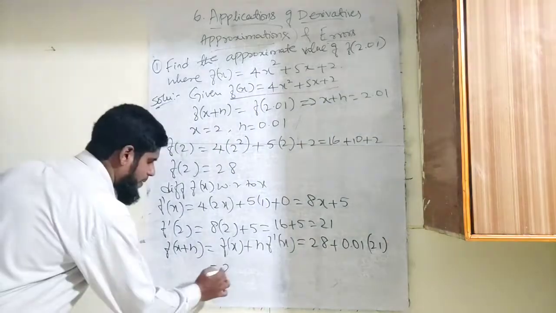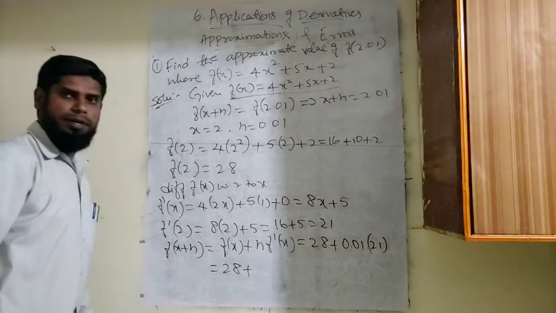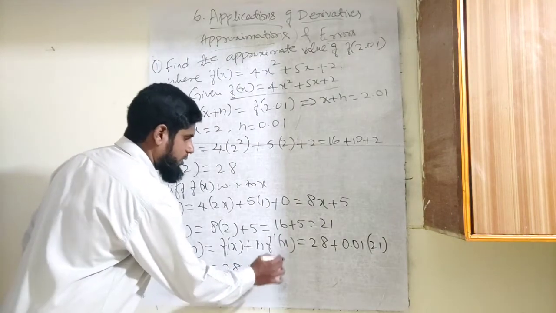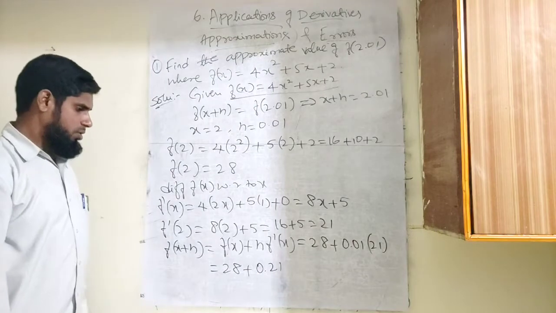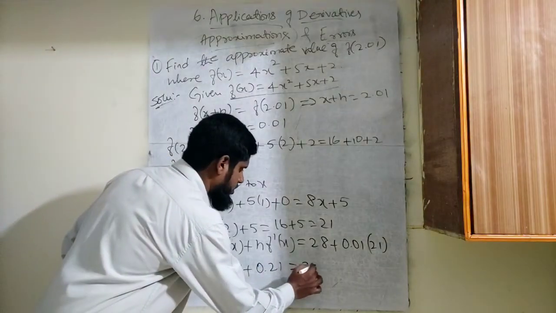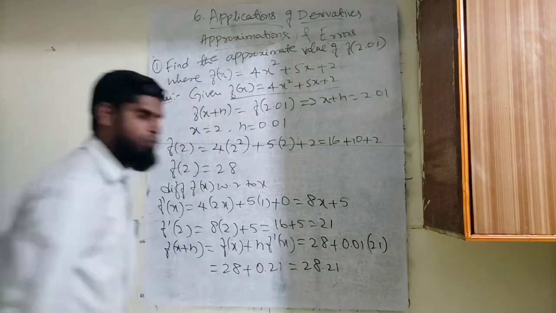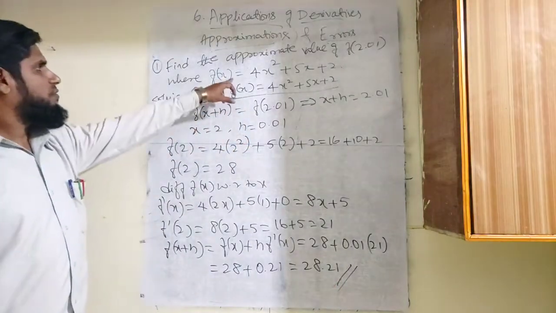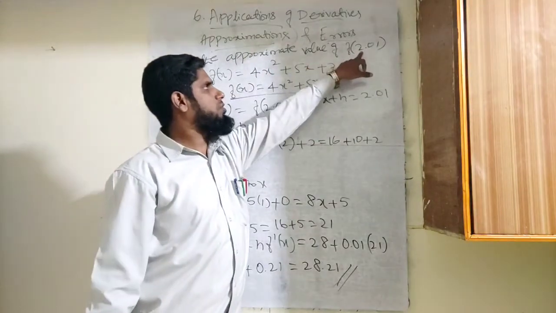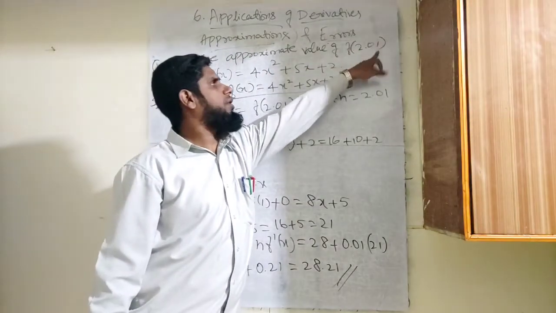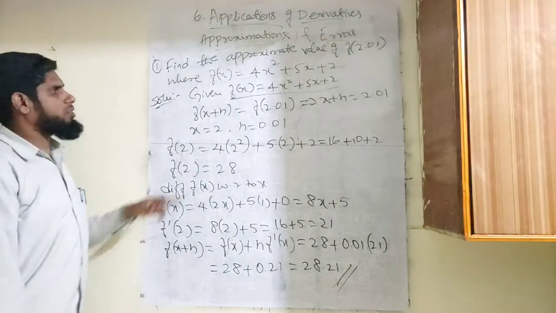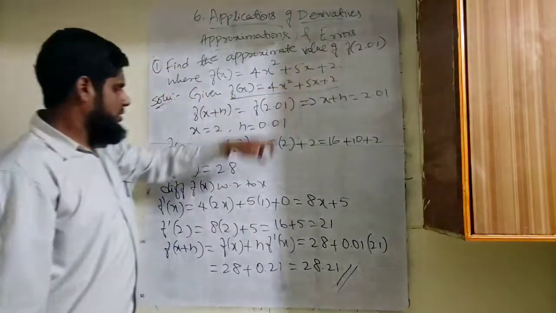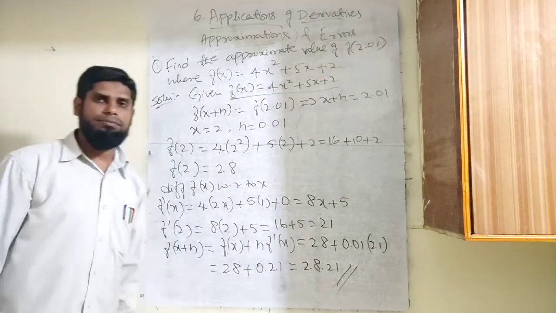So this will be 28 plus 0.21. So the final answer is 28.21. So this is the approximate value of this function at x is equal to 2 and h is 0.01. And the approximate value of the function at 2.01 is 28.21.